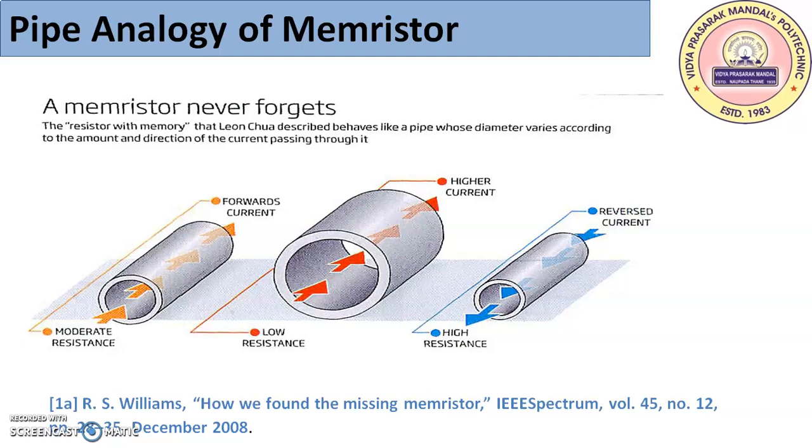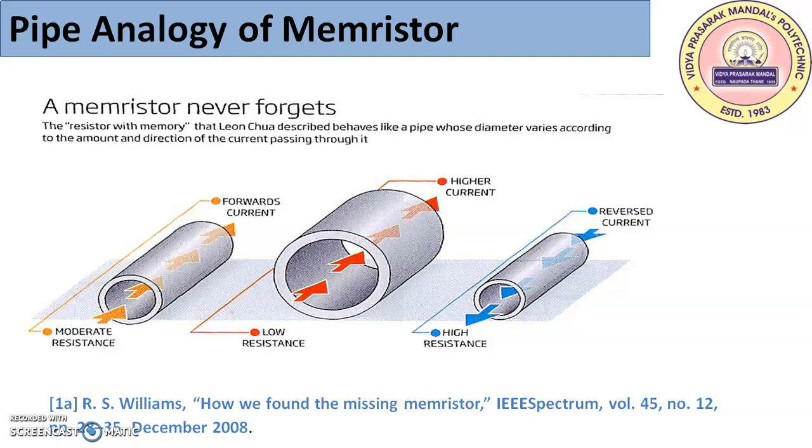So when the pipe is narrow, resistance to water flow is high, and when the pipe is wider, the resistance to flow is low. To understand memristor, imagine it as a pipe that has a flexible or elastic diameter.